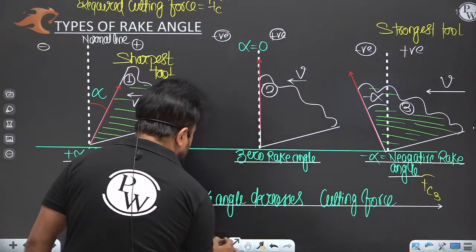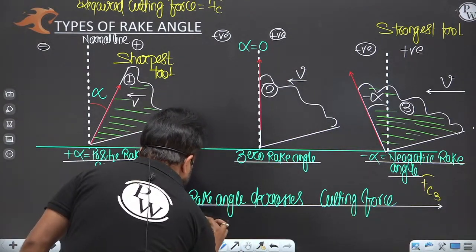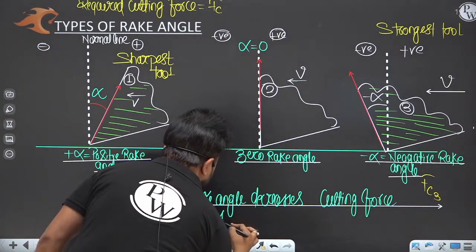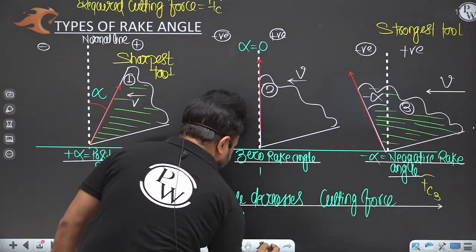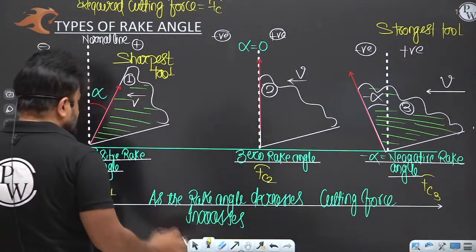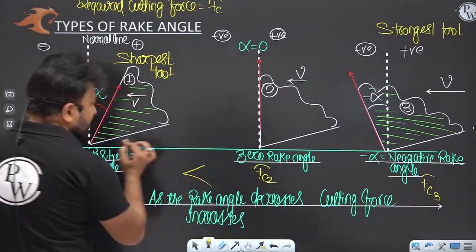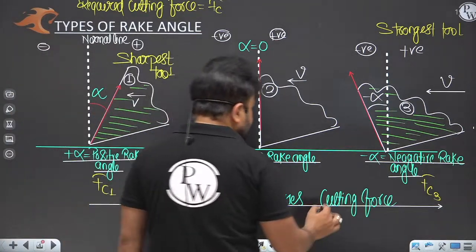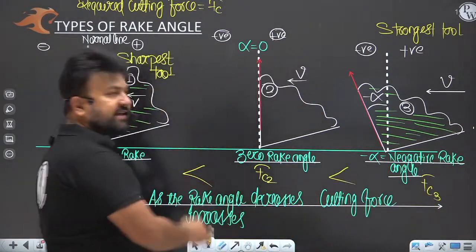Let's say the required cutting force in case 2 is FC2. So FC1 is the least, then FC2 is greater than FC1, and FC3 is greater than FC2.